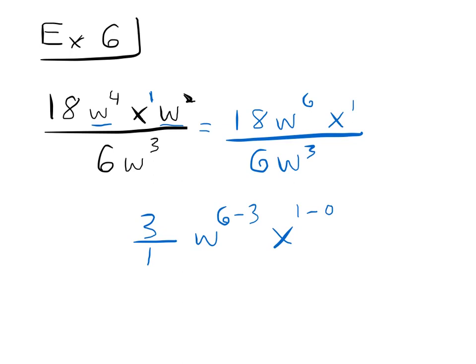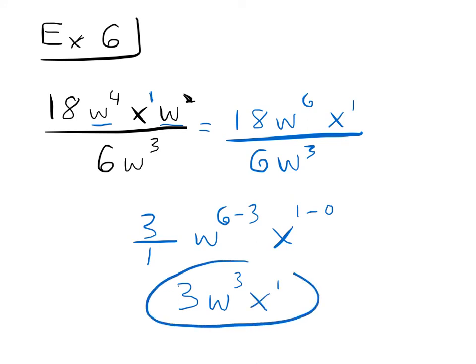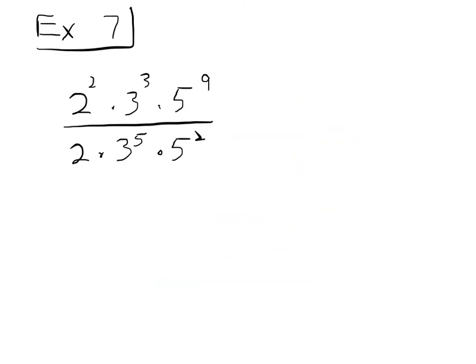No. Essentially, when you're subtracting 0, that's not going to change anything. It's just going to stay x to the first. So your answer on this would be 3, w to the third, and then x to the first. That's your answer. Okay. All right, last example.